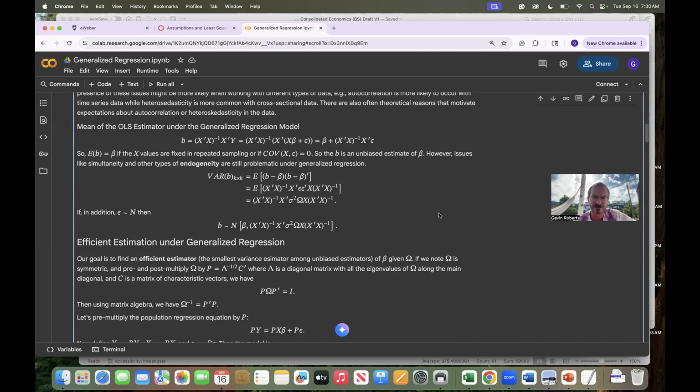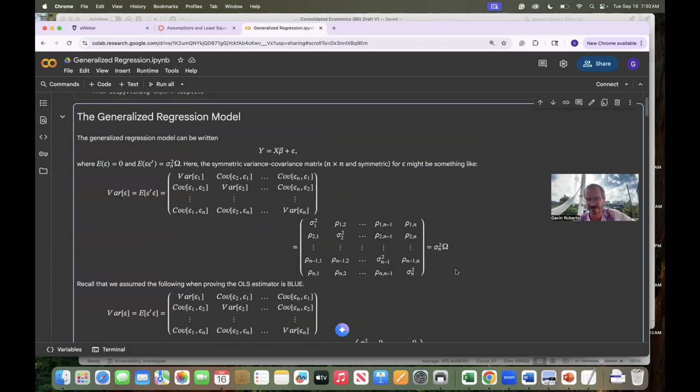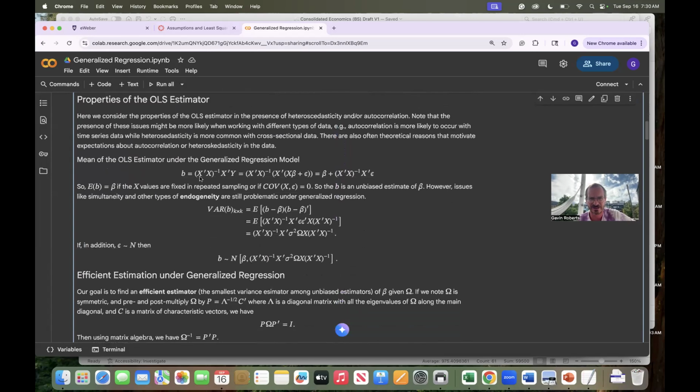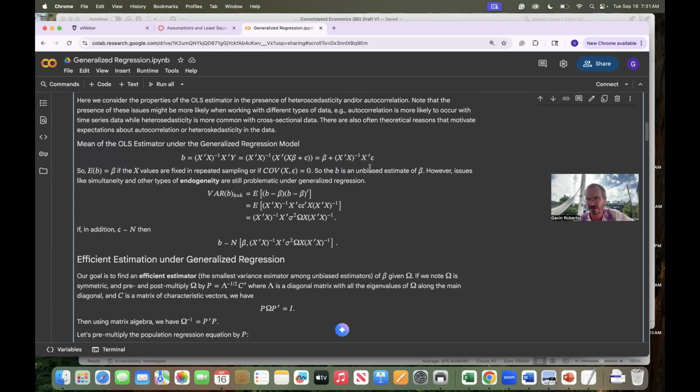So even under the generalized model that allows for heteroscedasticity and for autocorrelation, we still get an unbiased estimate because the expected value of b will still equal beta under this equivalence right here. Because basically, if we push an expectation through this, this other term over here will go to zero. And then we'll get expected value of b equals beta. So that's a good characteristic. We maintain the unbiasedness of the ordinary least squares estimator under the generalized regression model.